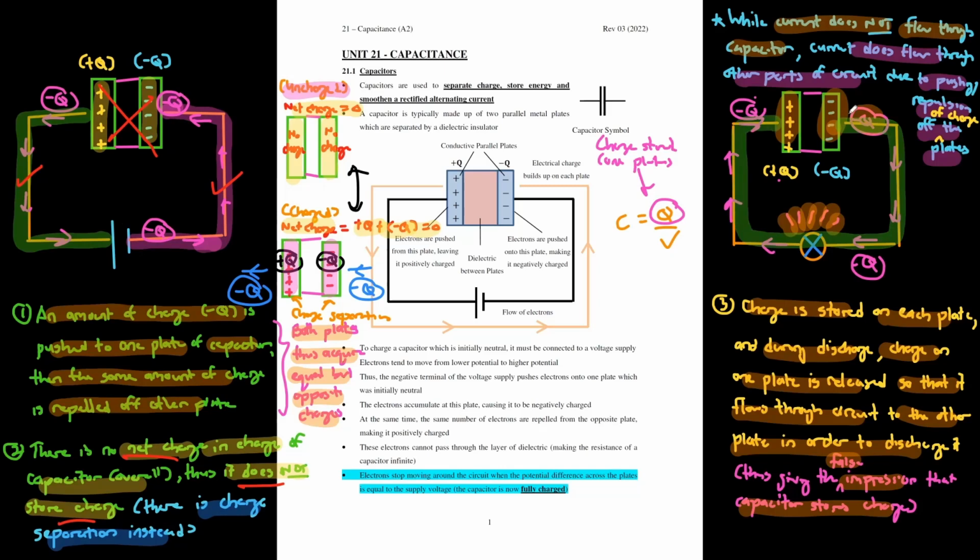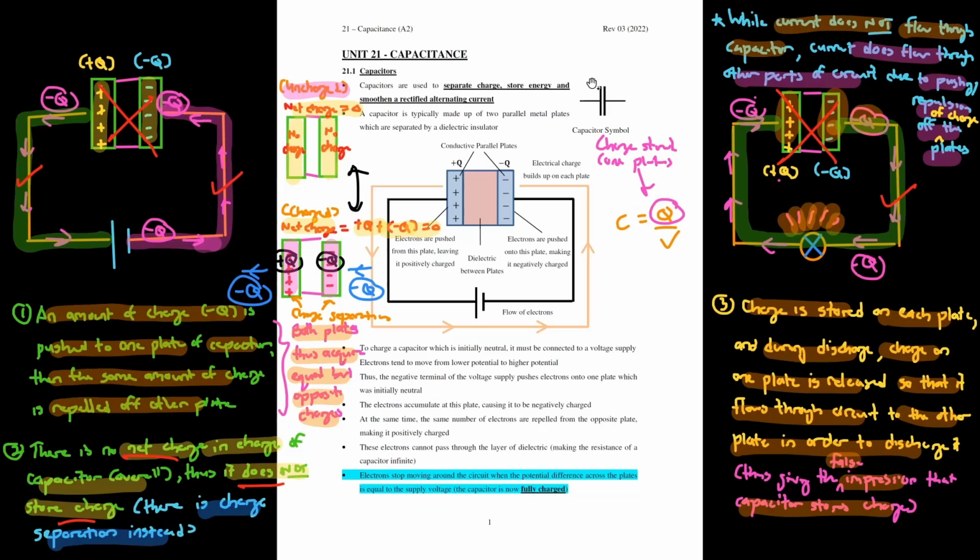So there is charge flow, so there's current flow in this loop, but it just doesn't flow through your capacitor. Okay, so current can flow, but just not through your capacitor. And that origin of your current flow is due to the repulsion and pushing of your charge to the plates. Okay, so that is the basics of that.